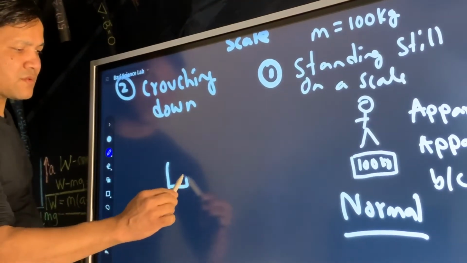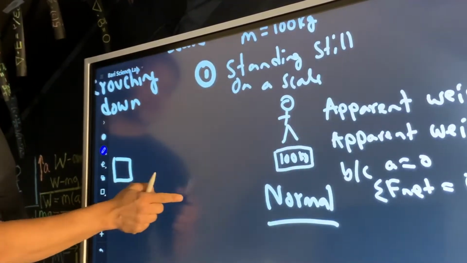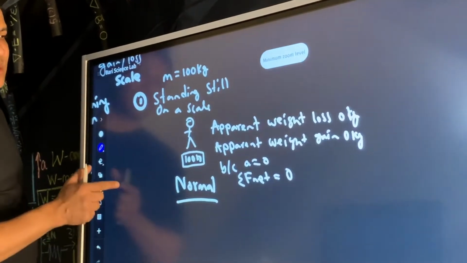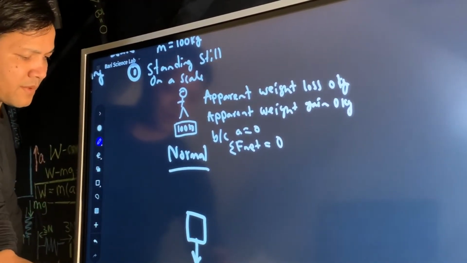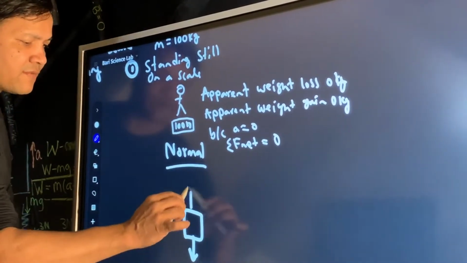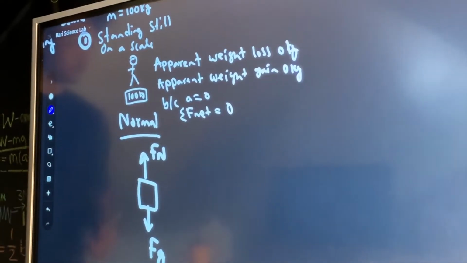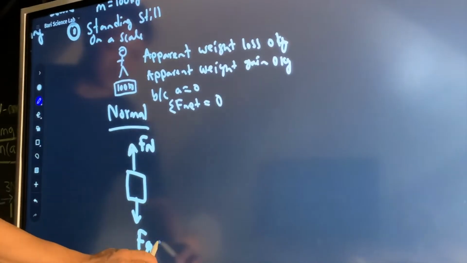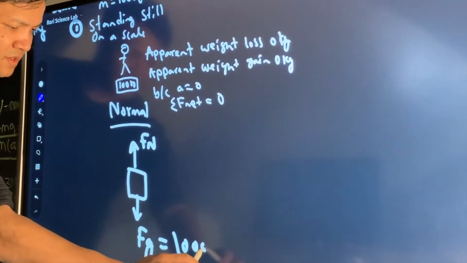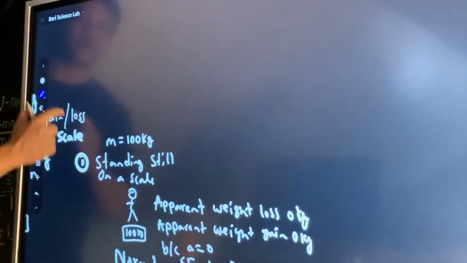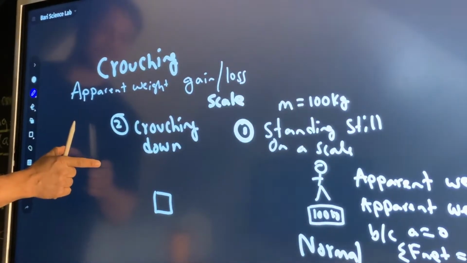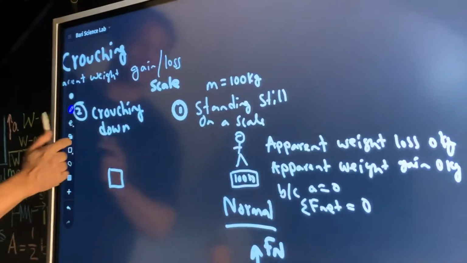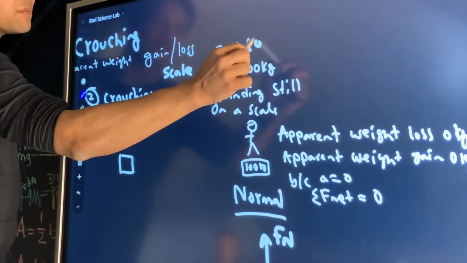To analyze the standing case, we draw the free body diagram: Fg and Fn. The gravitational force is equal in magnitude to the normal force. Today we're going to use acceleration due to gravity as 10 meters per second squared.